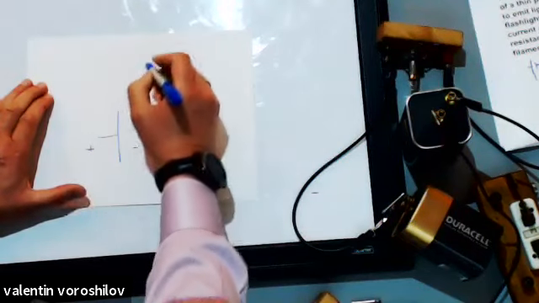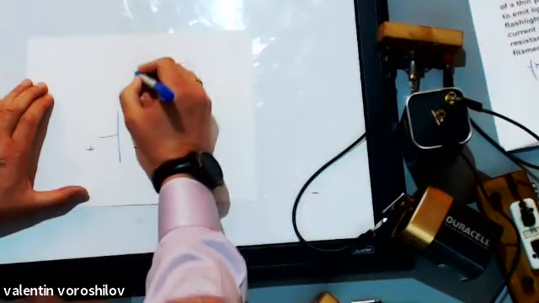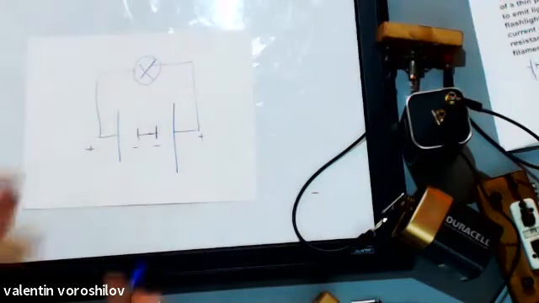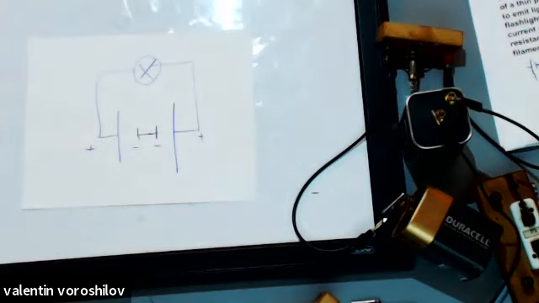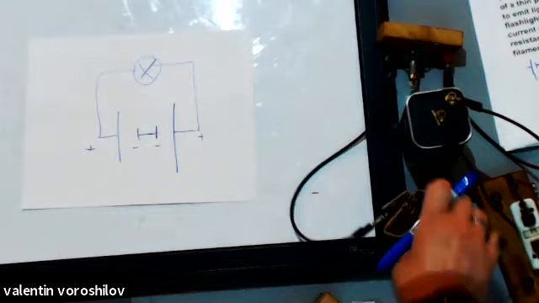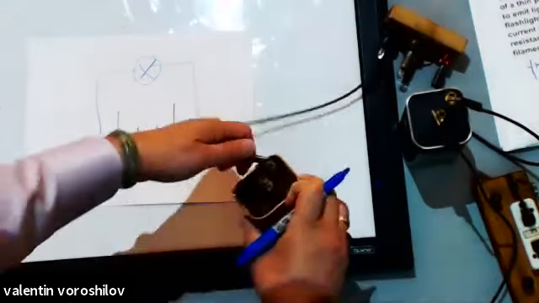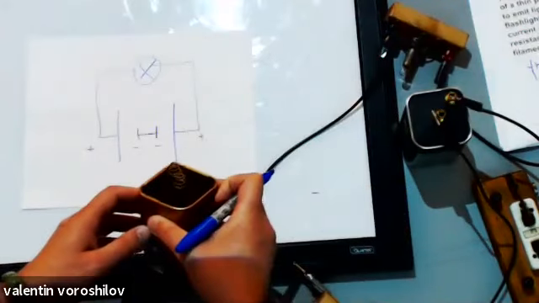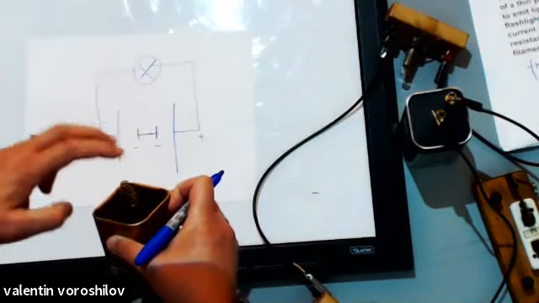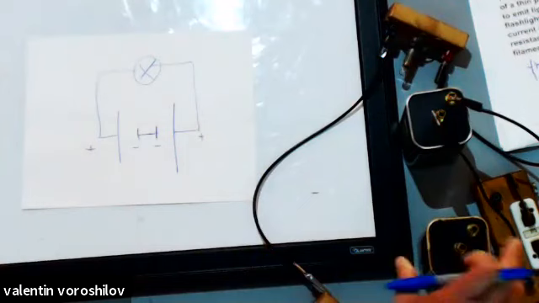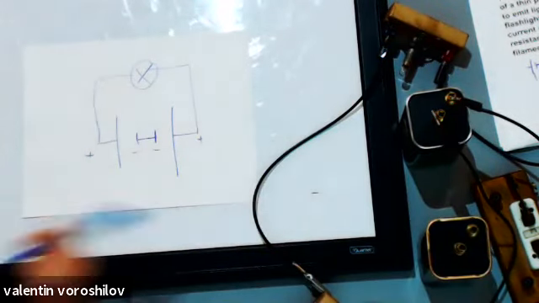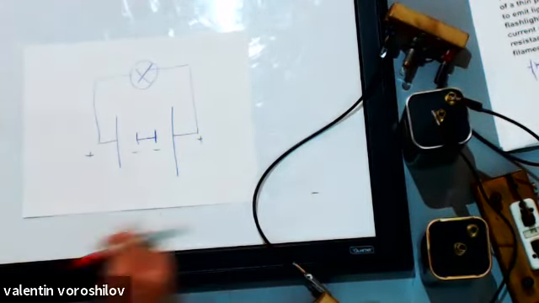There's a resistor here, a bulb. This is a standard symbol for a bulb, and nothing is happening. Well, the battery is manufactured in such a way that no matter what we do to it, it provides fixed voltage. Well, this battery provides 6 volts.